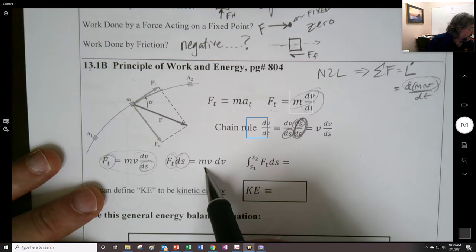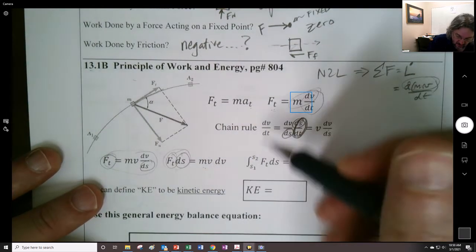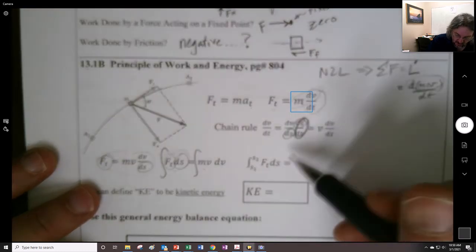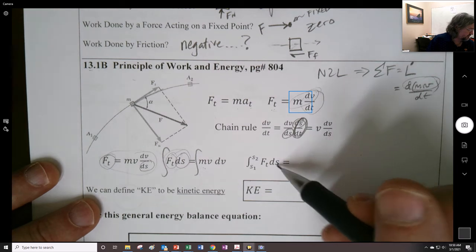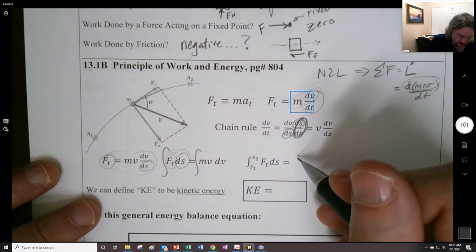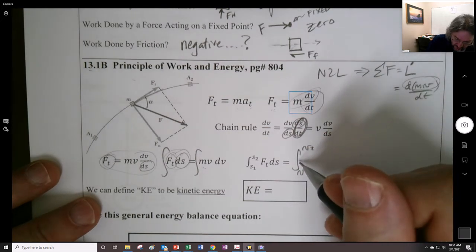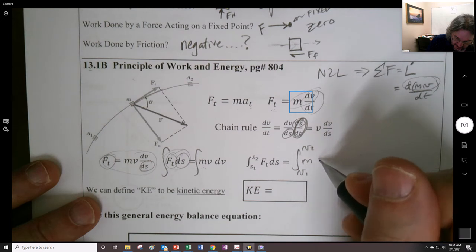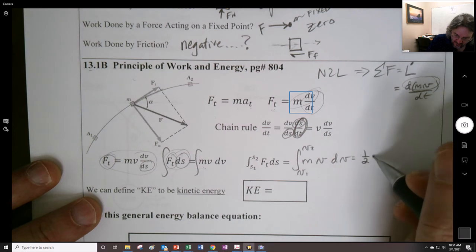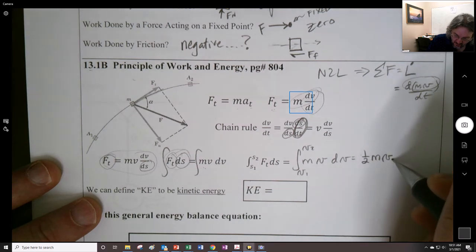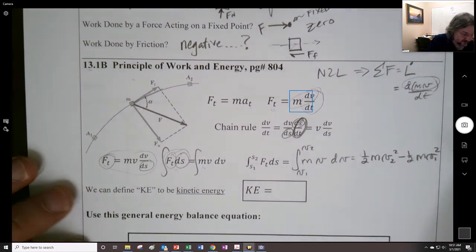So that right there is a kind of work. A kind of work is taking place. So we can integrate both sides onto this thing. And we're saying that this guy right here is some type of energy. Some type of energy is taking place. And if we do that, we can say between velocity 1 and velocity 2, right here, mass, and then we had velocity dv, we can say that we have 1/2 mv2 squared minus 1/2 mv1 squared right here.